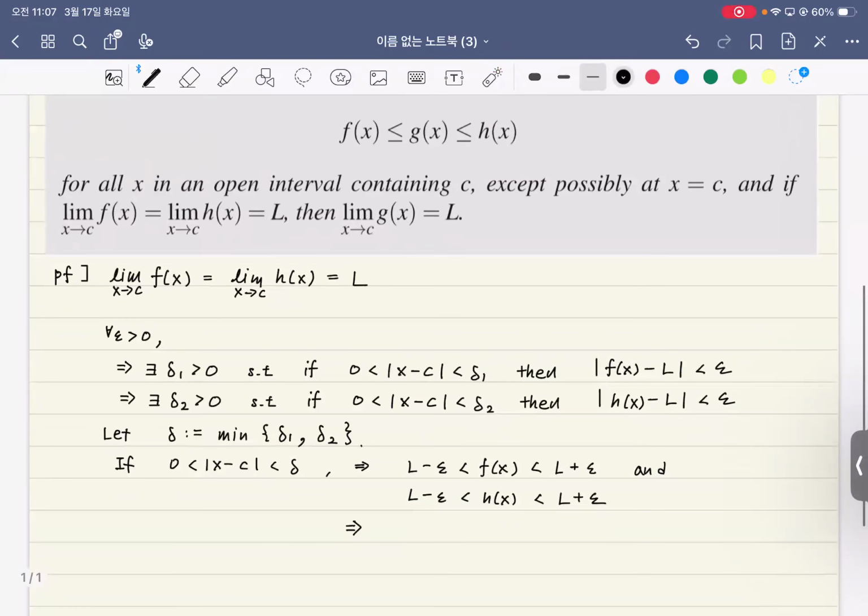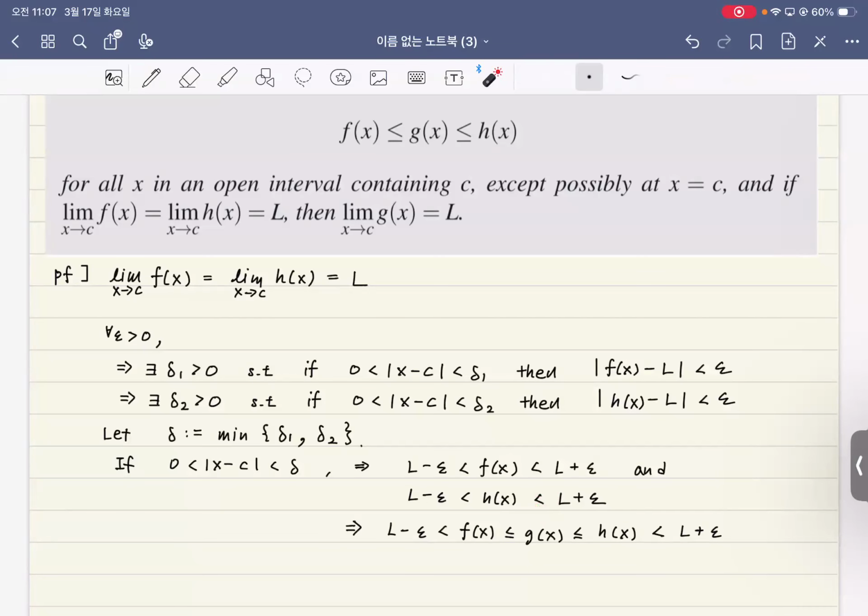So L minus epsilon is less than f of x, which is less than or equal to g of x, less than or equal to h of x, and this is less than L plus epsilon.